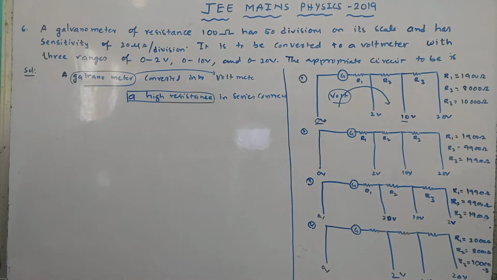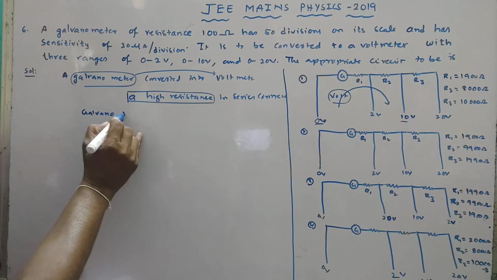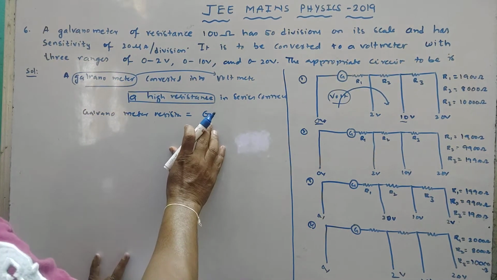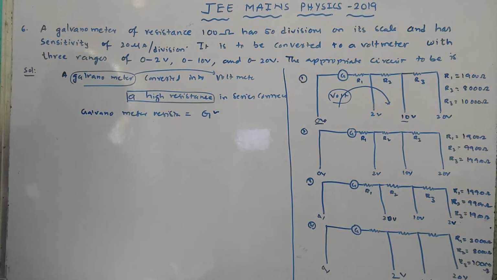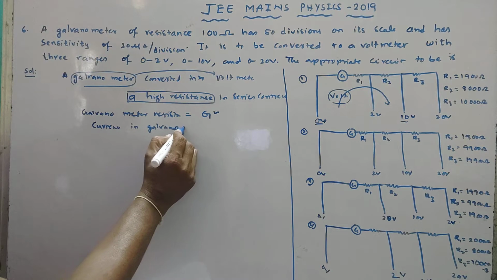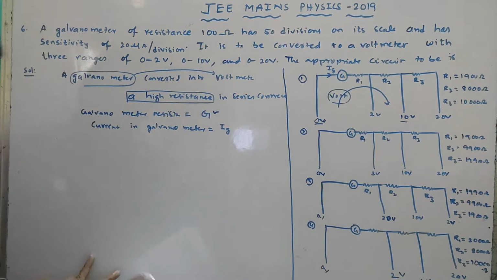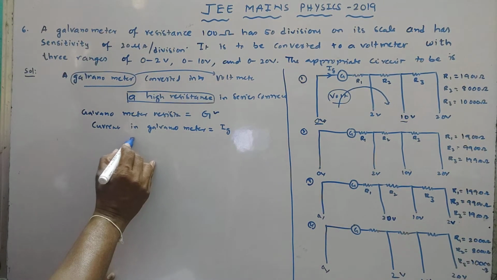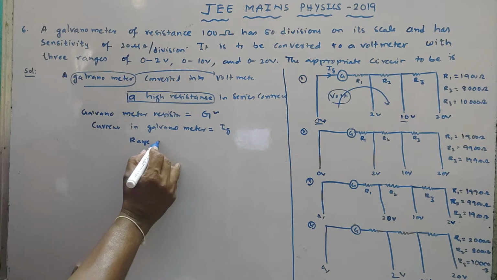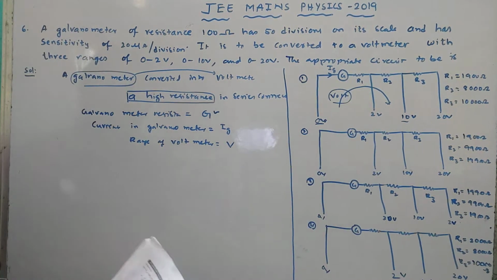So for that, here the galvanometer resistance is G. Then the current in the galvanometer is Ig, the current passing through the galvanometer. Next, the range of voltmeter is V, so for example 0 to 2, the maximum is the range 0 to 2.